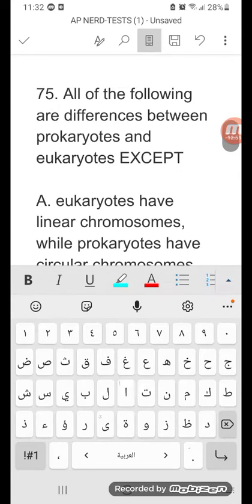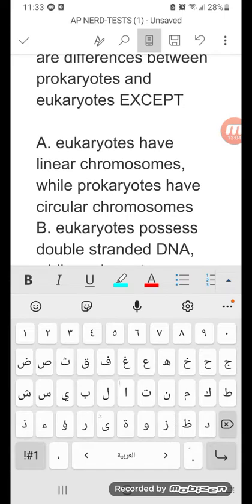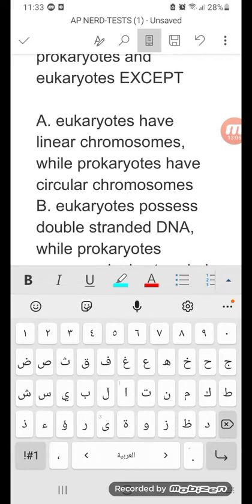All the following are differences between prokaryotes and eukaryotes except eukaryotes have linear chromosomes while prokaryotes have circular chromosomes.